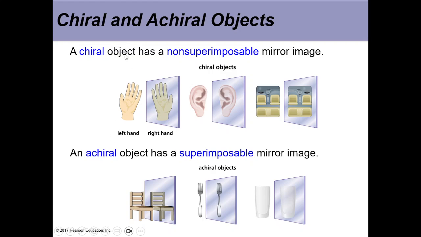Now, any chiral object basically has a non-superimposable mirror image. A typical example will be your left hand and your right hand. And an achiral object, obviously, is the opposite. It has a mirror image, but that mirror image is superimposable with itself, such as a symmetric object.